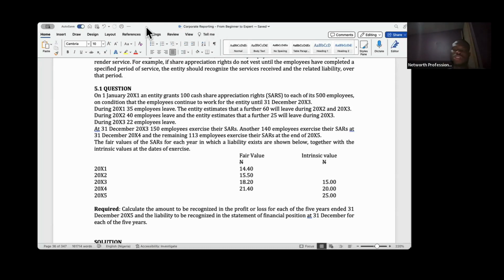Without checking anywhere, can you tell me, based on this information given in 2001, what was the estimate of the number of employees that will vest?